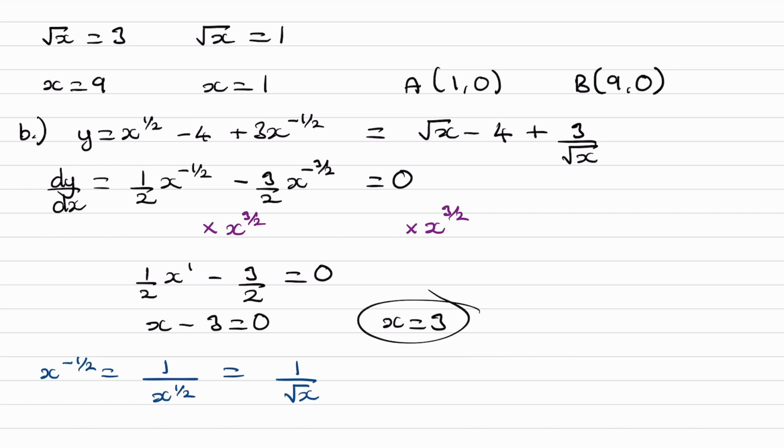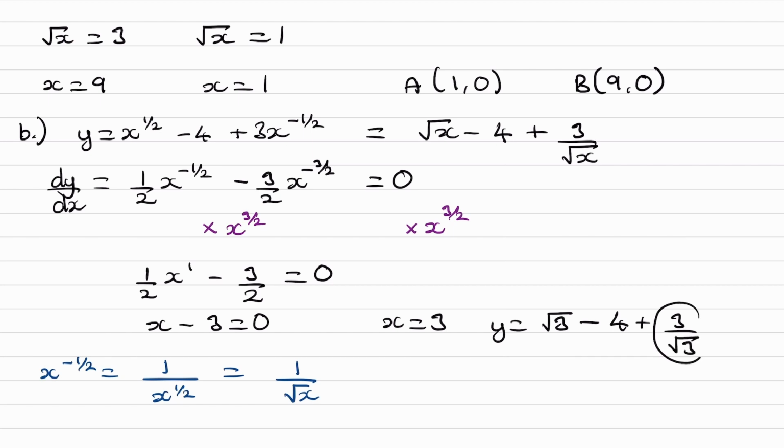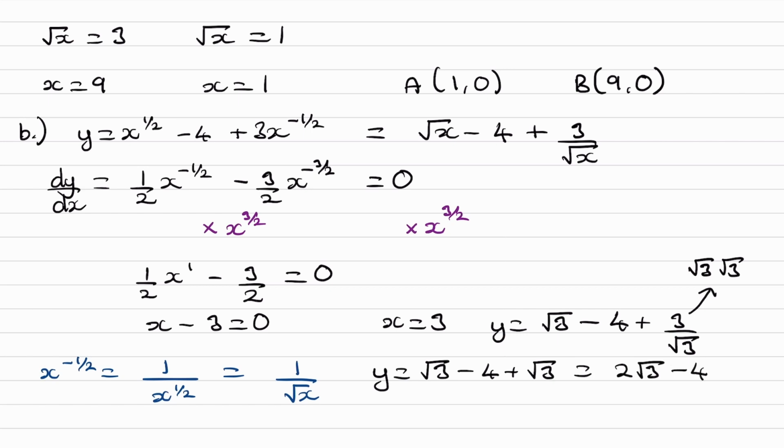We're putting in x is 3 into this, so then y would become root 3 minus 4 plus 3 over root 3. 3 over root 3 is just the same thing as root 3, if you were to type that into your calculator. And you should also be able to see that because 3 is the same thing as just root 3 times root 3. So then y becomes root 3 minus 4 plus root 3, or 2 root 3 minus 4.